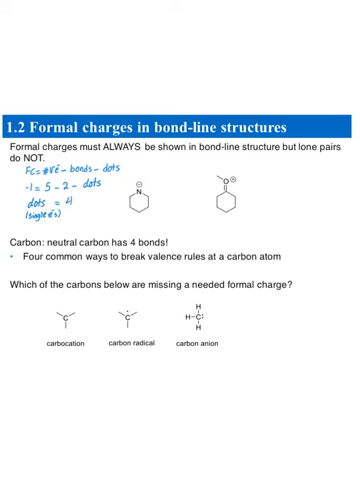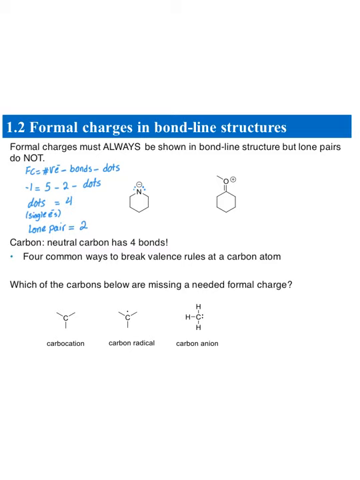And the question was how many lone pairs. We know that each pair has 2 electrons, so it's going to be 2 lone pairs on the nitrogen. So this nitrogen has 2 lone pairs on it. This is one way of doing that.